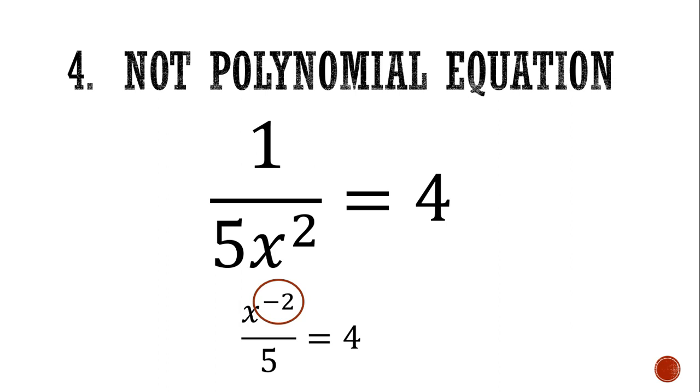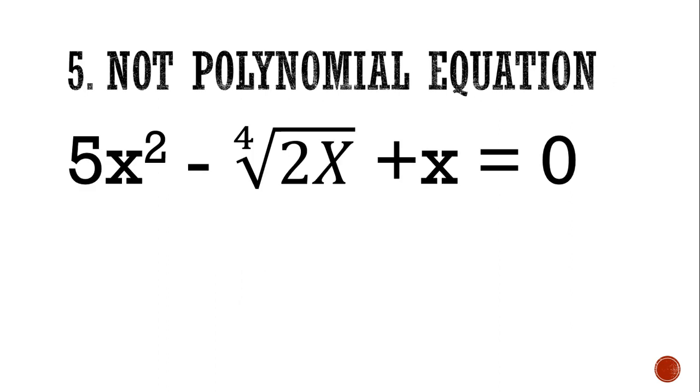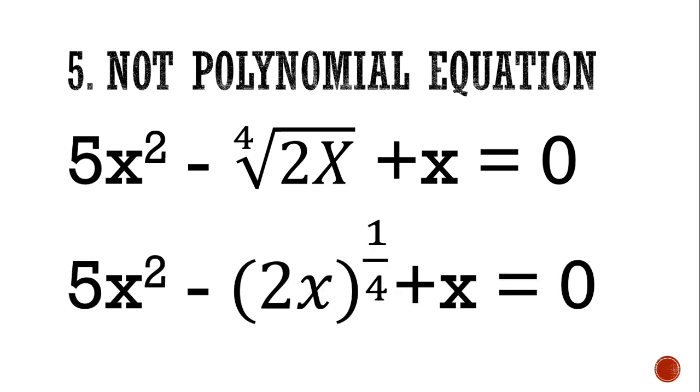Therefore, this equation is not a polynomial equation as well. Lastly, number 5 is not a polynomial equation because the second term, negative 4th root of 2x, can be written as negative quantity of 2x raised to 1/4. And 1/4 is not a whole number exponent. Since it has a fractional exponent, the entire equation is not a polynomial equation.